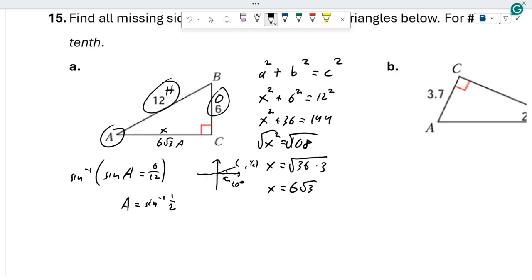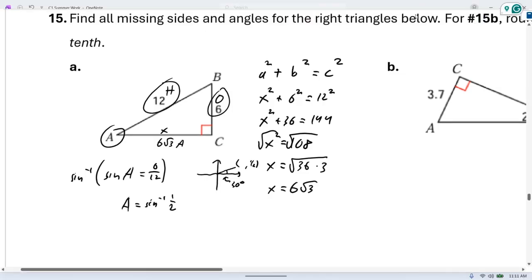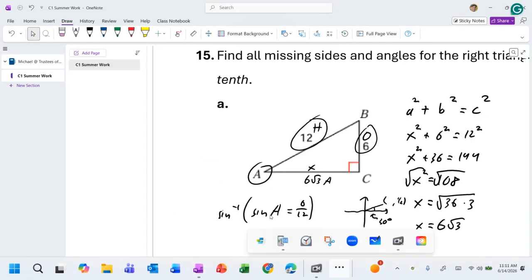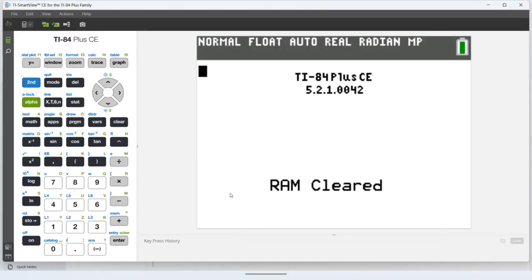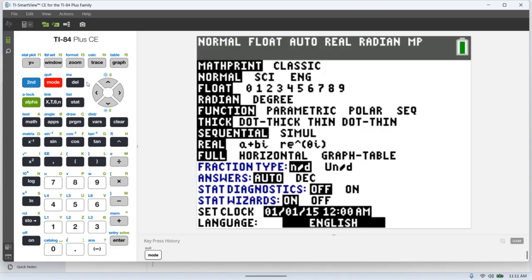Now, if you don't recognize that and you need to evaluate this on the calculator, then you need to make sure that your calculator is in degree mode. Okay, so degree mode. If you have a TI-84 CE, you'll notice that at the top it gives you a bunch of information here. Notice that right now it says radian, so you need to go into mode and go down to where it says degree.